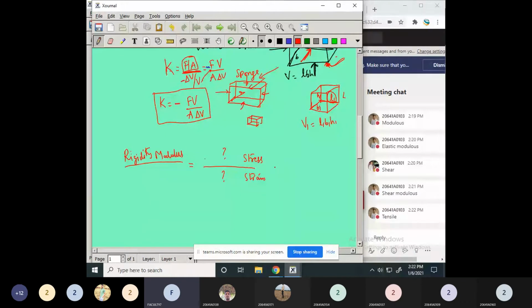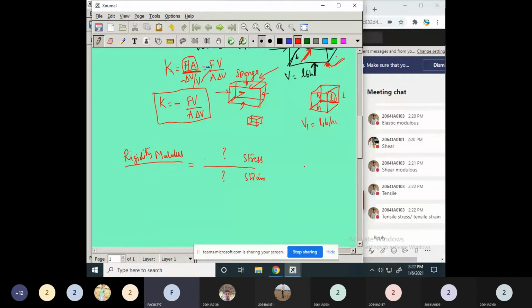Okay, now what about the denominator? Tensile stress by tensile strain? No. Any other answers? What type of strain are you going to get?